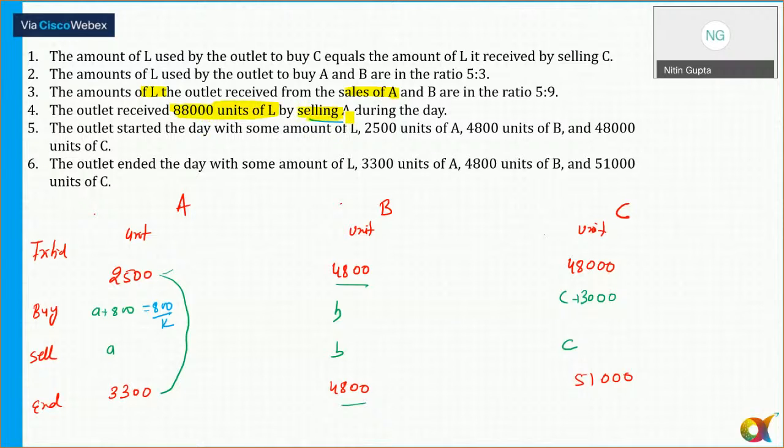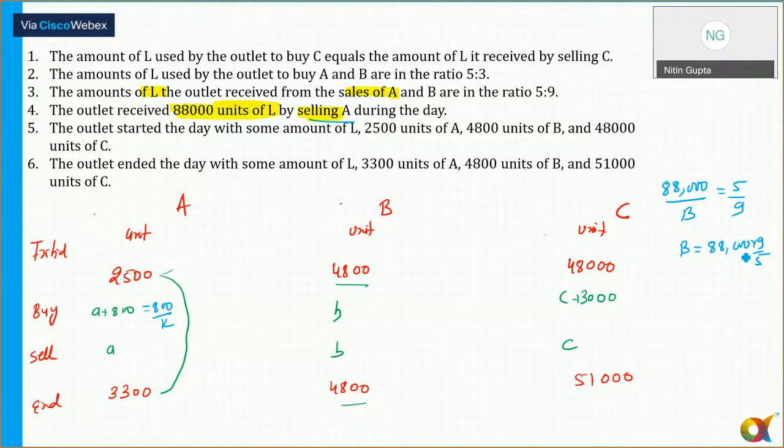So from A I am getting 88,000 units of L. B I need to calculate, so 9 by 5. So B is equal to 88,000 into 9 by 5, in terms of L.